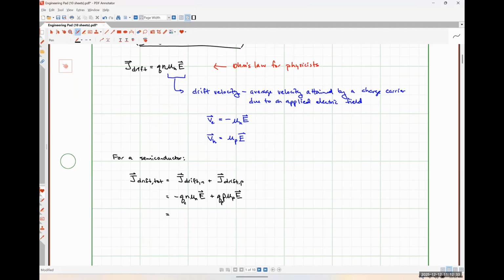So negative times the charge of an electron, which is also negative, that's going to get rid of that sign.